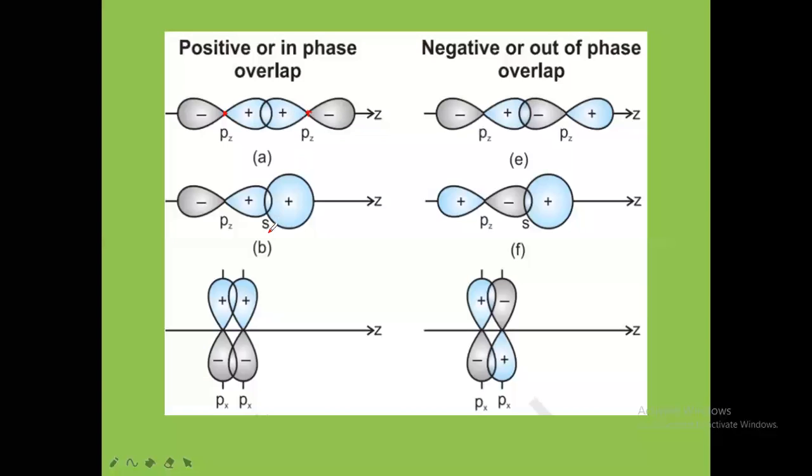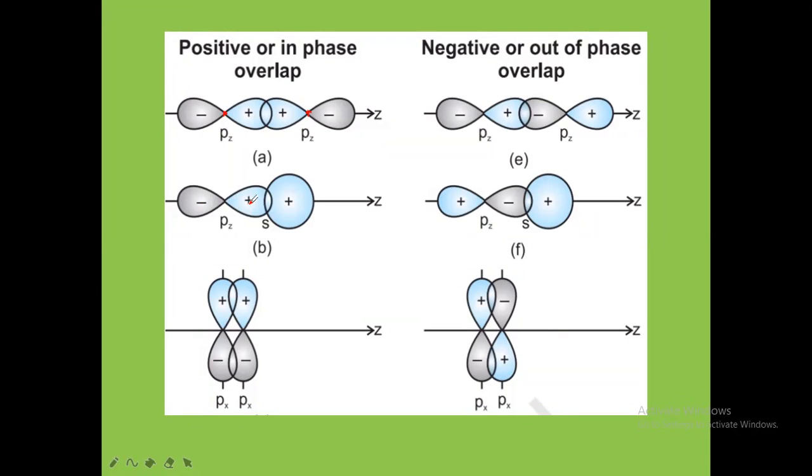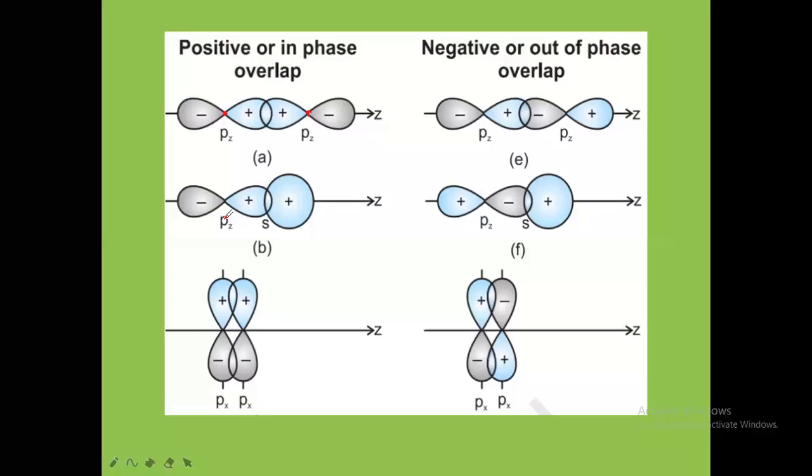Next, if you take this type of diagram, here the overlapping is between s and p orbitals, unlike the previous pp overlapping. The s orbital has no two lobes here; it is spherically shaped, so positive means the crest of this electron wave, and the crest of the electron wave of the p orbital.